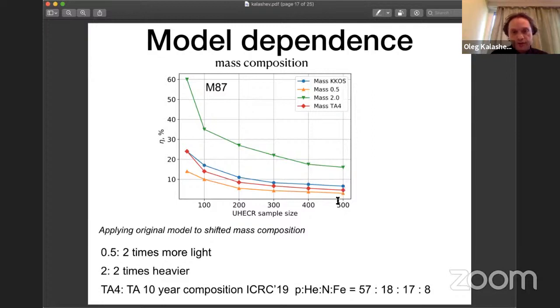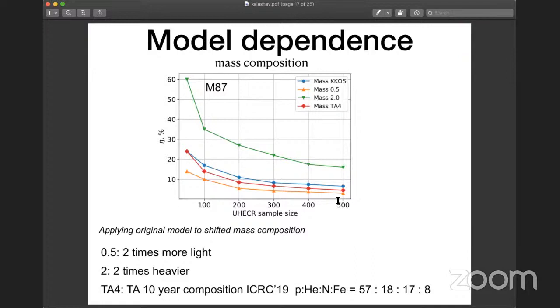You can see here that the test statistic can also be applied. The test statistic was based on the samples built with the original model, which assumes the Auger composition. So my conclusion is that the classifier which we got, and the test statistic based on this classifier, is quite universal. Still, there are some cases when it doesn't work, for example a very different magnetic field, but it is not strongly composition dependent.